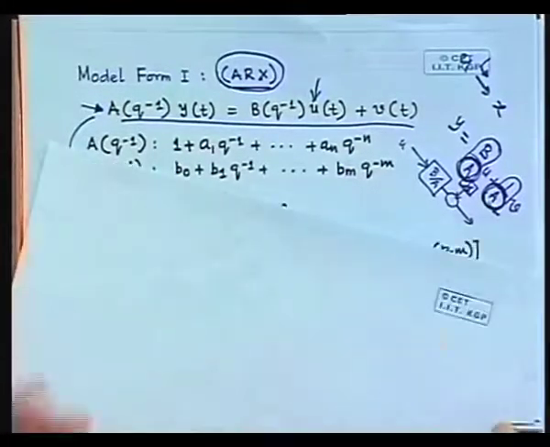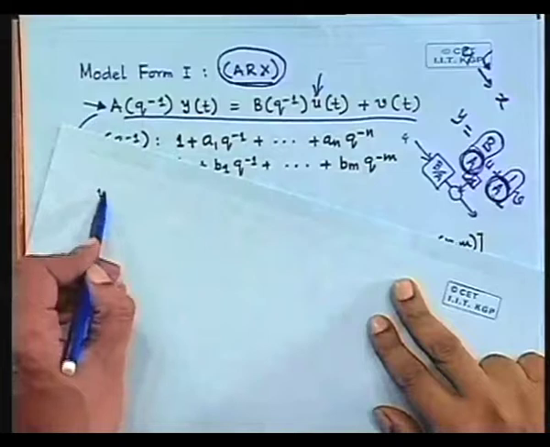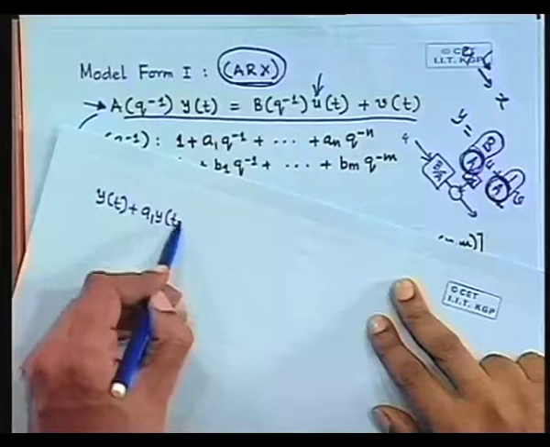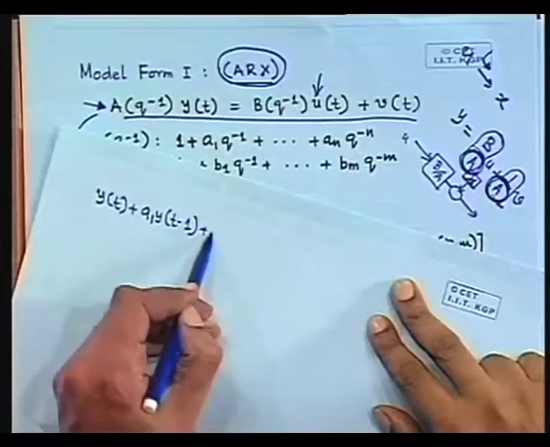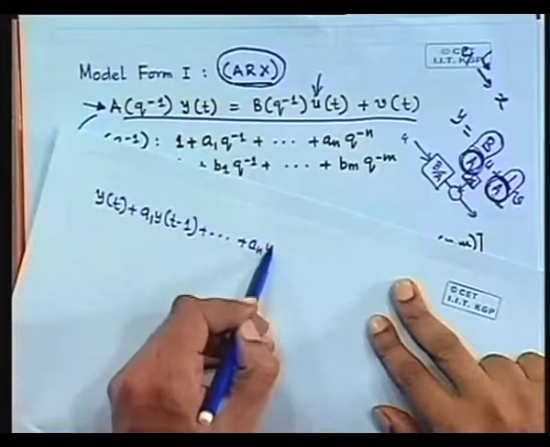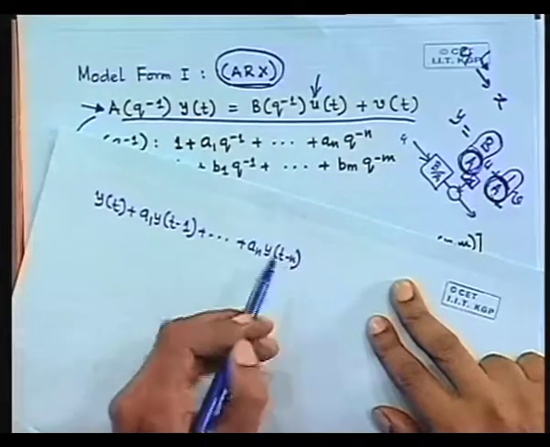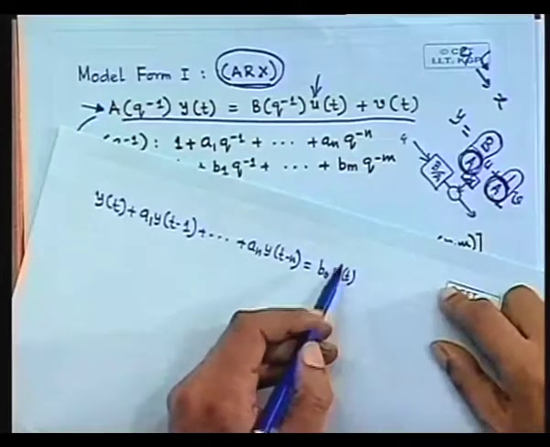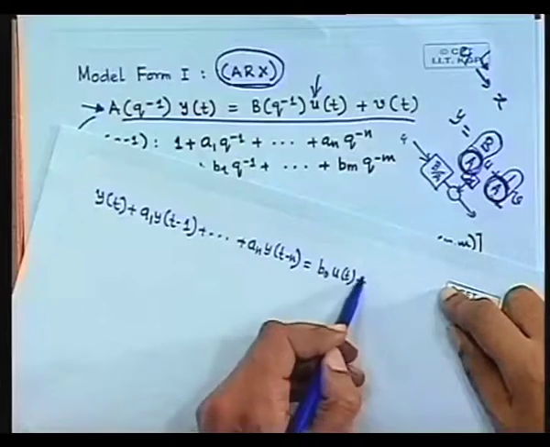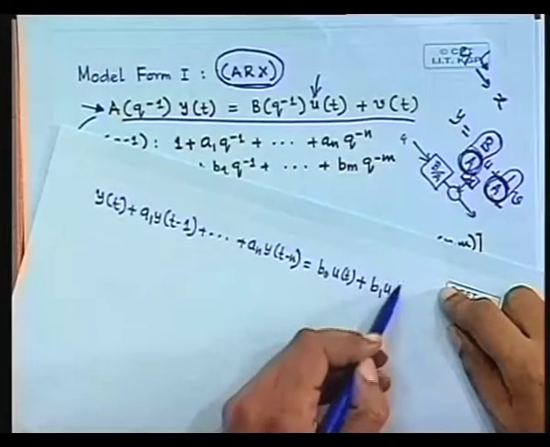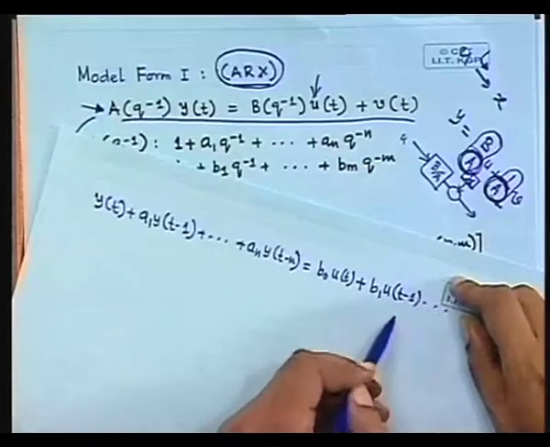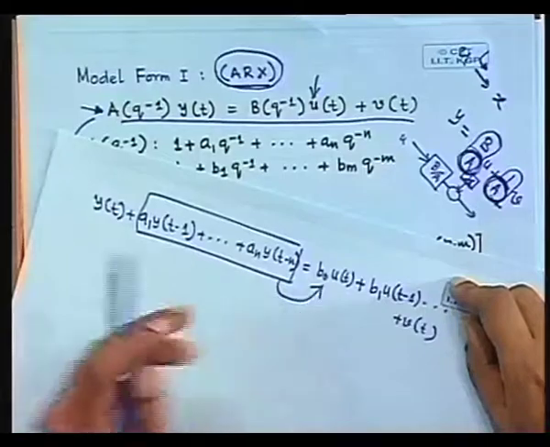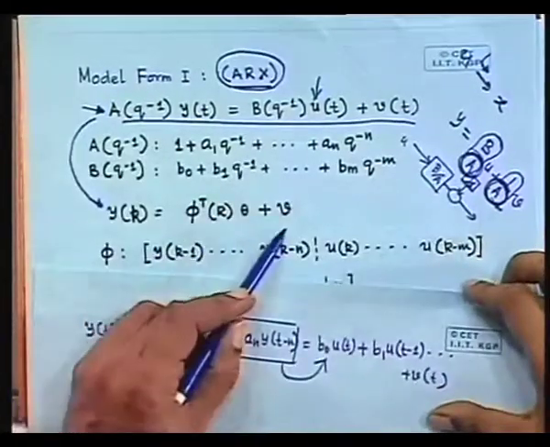So in that case, if you write this equation in time domain, you will have y(t) plus a1 y(t minus 1) plus ... plus an y(t minus n) is equal to b0 u(t). This term you may or may not have. This is a direct term. If you have a D matrix, then you will get this u(t minus 1) and so on, plus v(t). So if you bring these terms to the RHS and then arrange it in terms of this form, you will get.